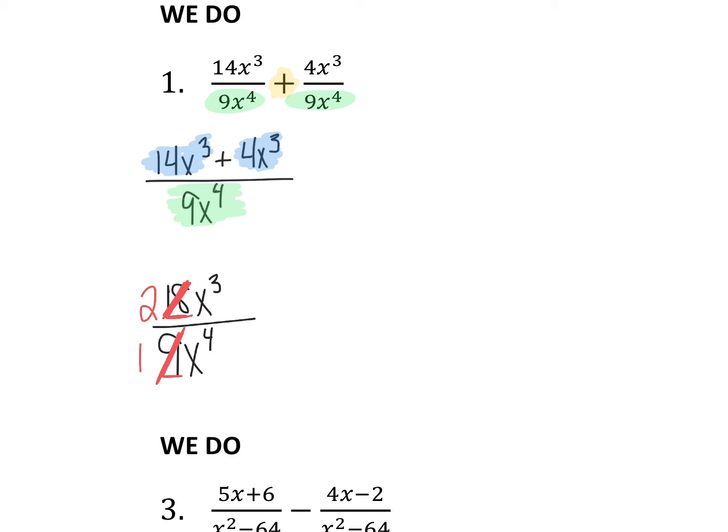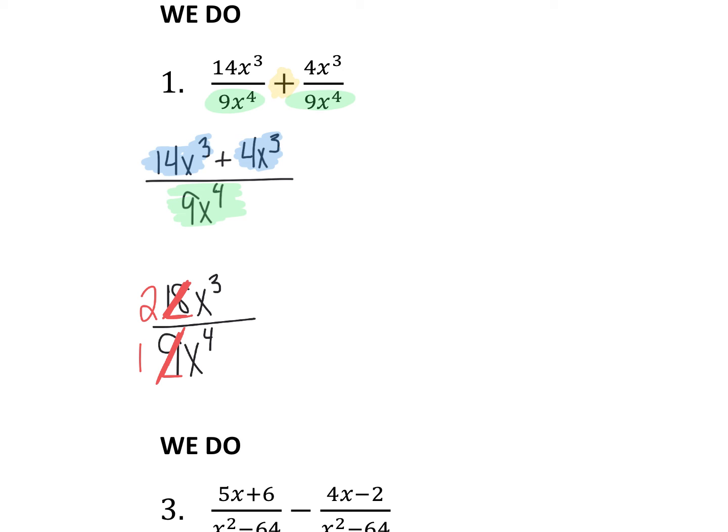If I cross 1 off on the top, I have to cross 1 off on the bottom. If I cross another one on the top, another one on the bottom, a third and a third. So there's no more x's on the top, and there's 1 in the bottom. That tells me that my final answer should be 2, because there's nothing else on the top, over 1x. So I could put 1x, or I could just put x. Either's fine. That would be simplified.